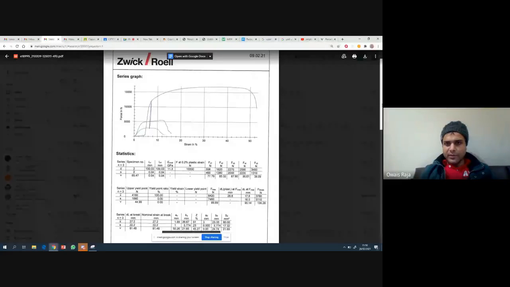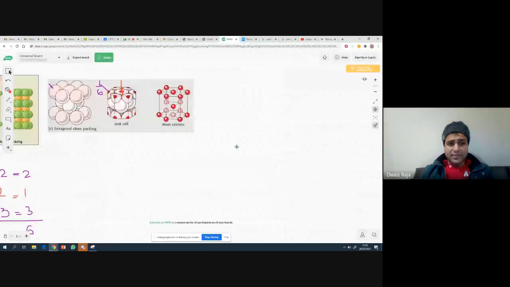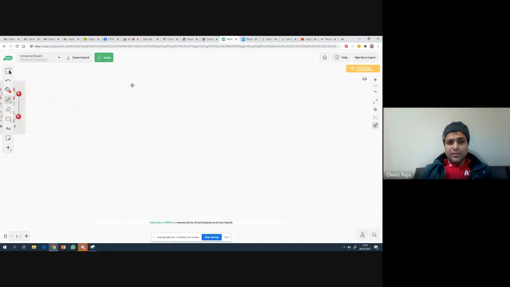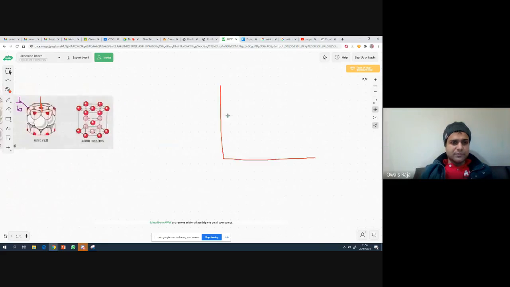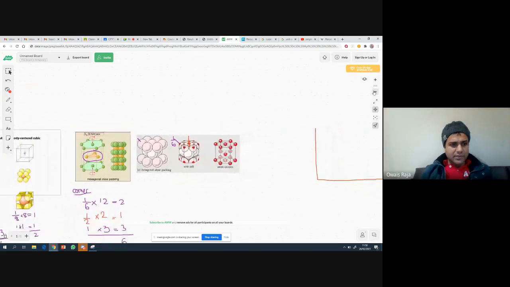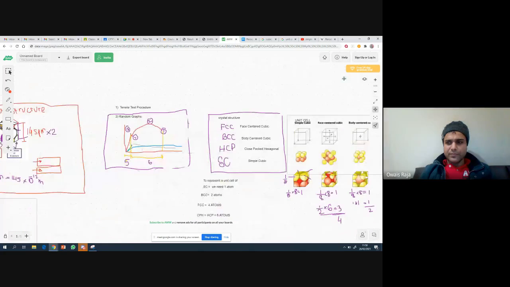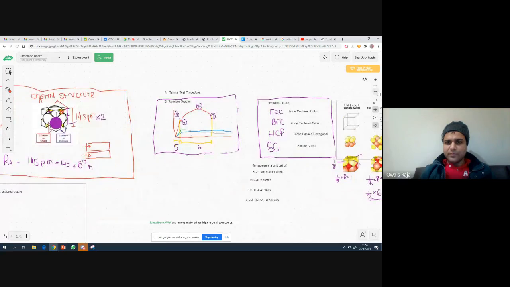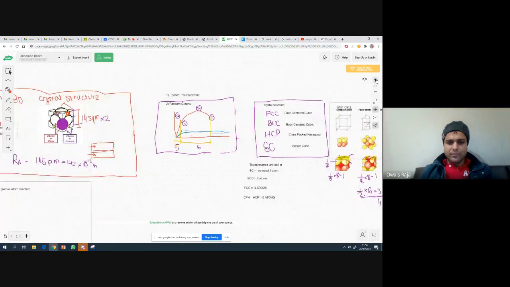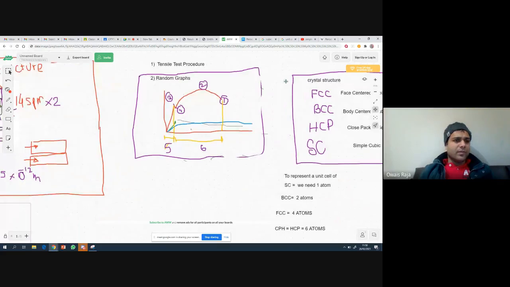Before I come back to that, let me explain what you need to actually do regarding the tensile testing. So first thing, let me just use the one I already discussed, just to make sure there's consistency.